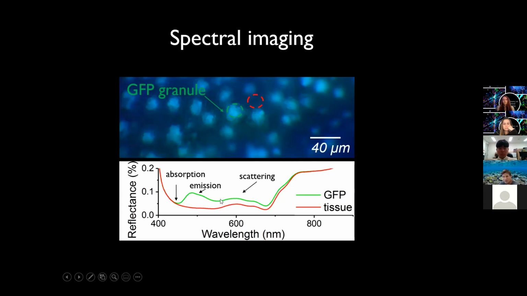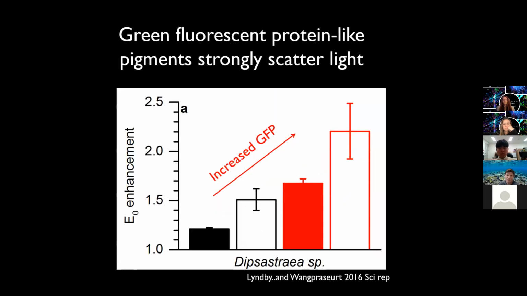But you also see this very broadband scattering that extends into the 700 nanometer range. And if you do some experiments where we upregulate the production of GFP in a coral, we can see that the local scalar irradiance, so the fluence rate on the tissue surface, is strongly enhanced when you have more GFP. So by having corals here with upregulated GFP, you can easily double the irradiance.